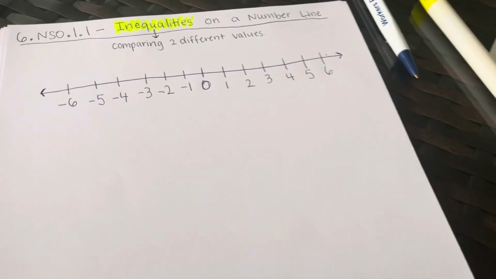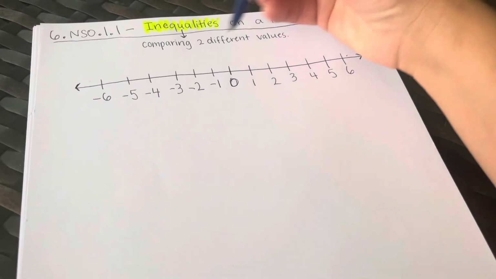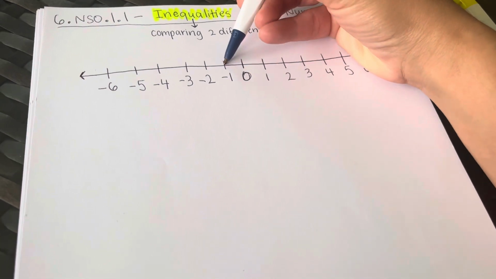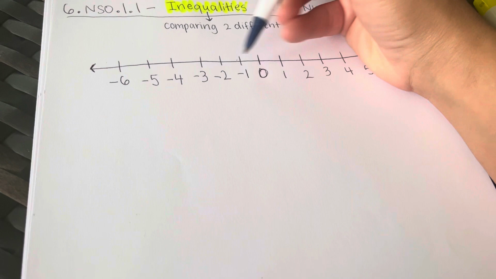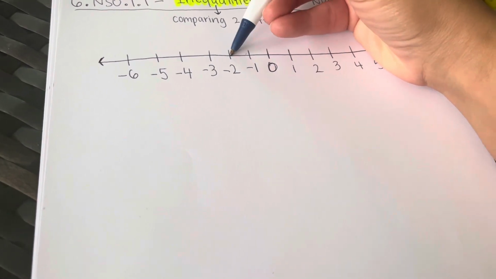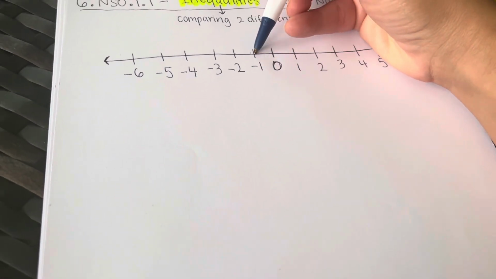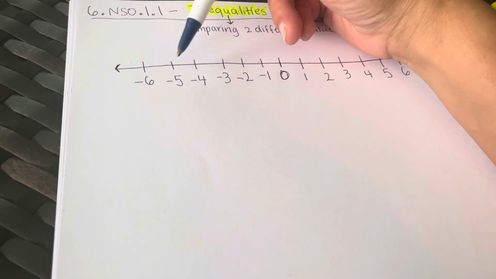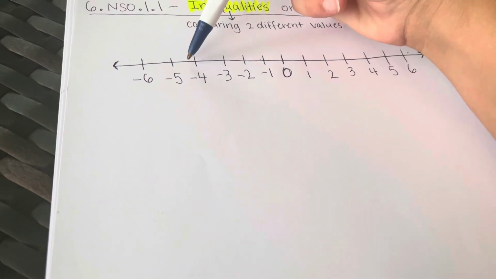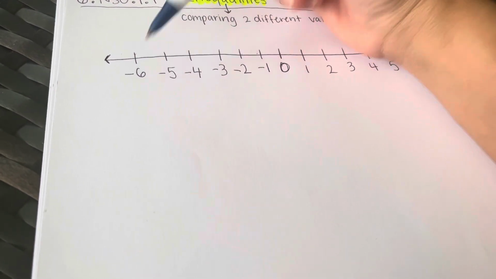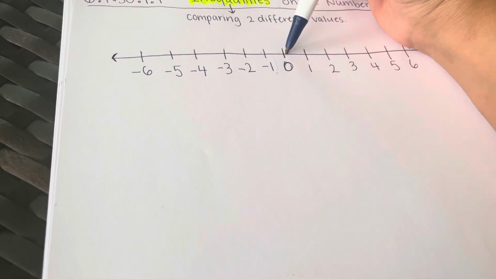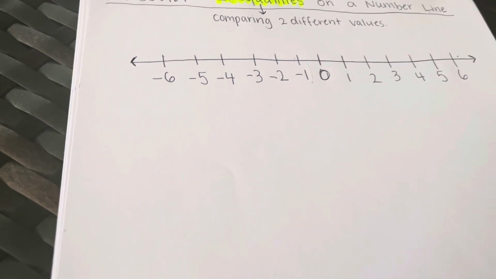And 0 is nothing. So if you are at -1, you are 1 behind 0. 1 less than 0. -2, 2 behind 0. 2 less than 0. The farther negative you go, the farther away from 0 you are. So -6 is actually smaller than -1 because it's farther from 0.